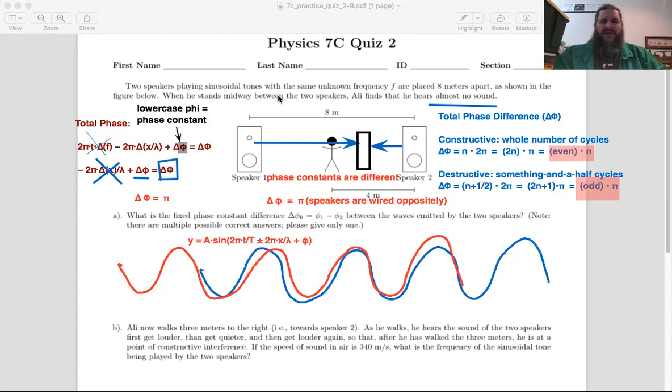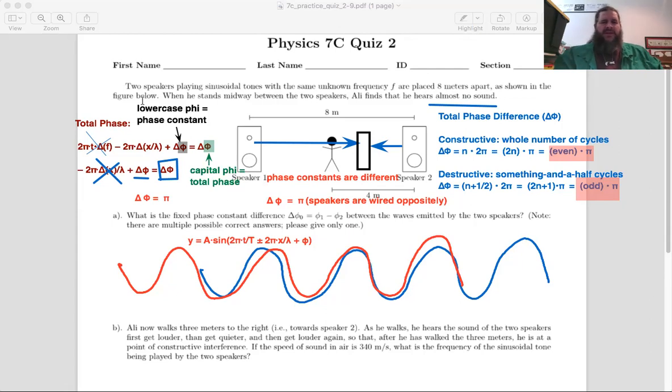Whereas the total phase, capital phi, is talking about the combination of everything going on. The phase constant difference and path length difference and frequency difference if there is one. So the capital phi is the total phase, which is a combination of all of these effects together.